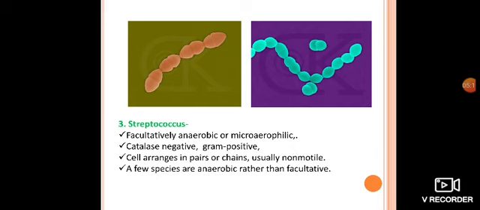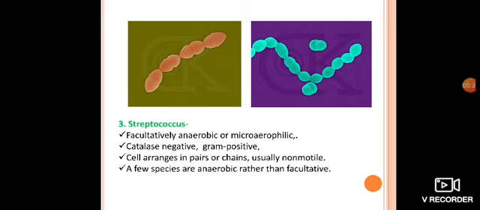The second point of differentiation: streptococci are gram positive but catalase negative, and staphylococci are catalase positive as well as gram positive. So these are two basic differentiating points between streptococcus and staphylococcus.